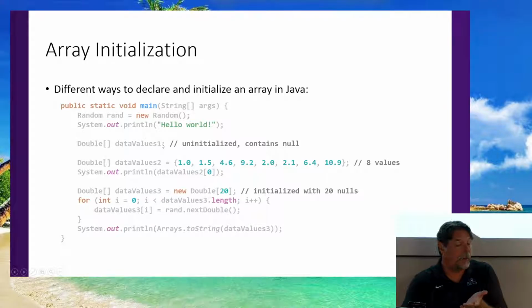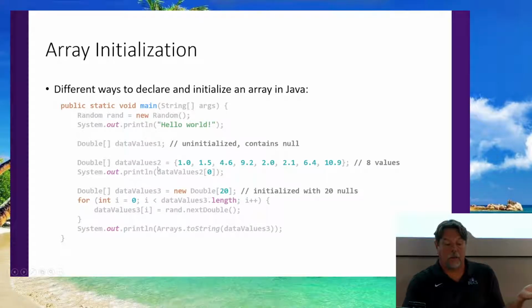I have a variable that indicates that it's probably going to be an array of capital D doubles. However, I don't know how many. No memory has been allocated yet because I don't know how many doubles I'm going to need. So this is just equal to null. Data values 1 is equal to null at this point.